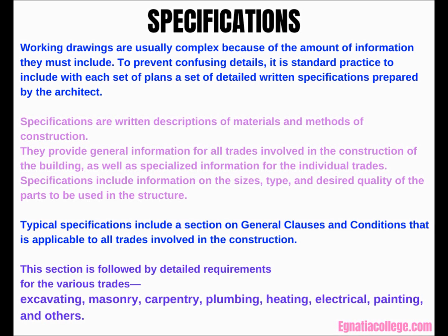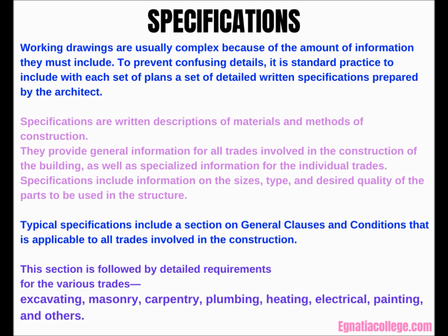Specifications include information on the sizes, type, and desired quality of the parts to be used in the structure. Typical specifications include a section on general clauses and conditions that is applicable to all trades involved in the construction.